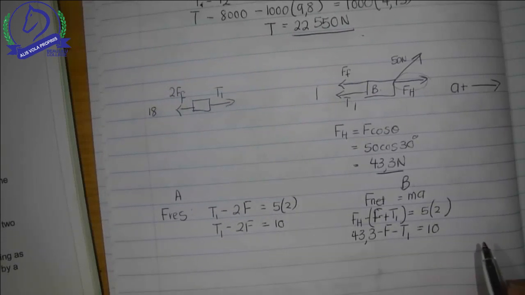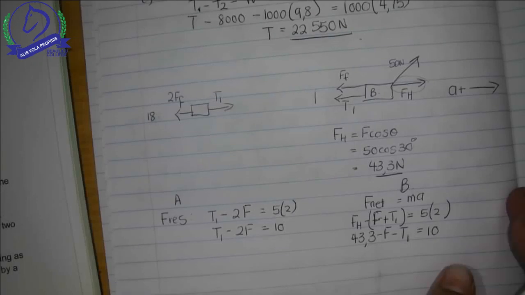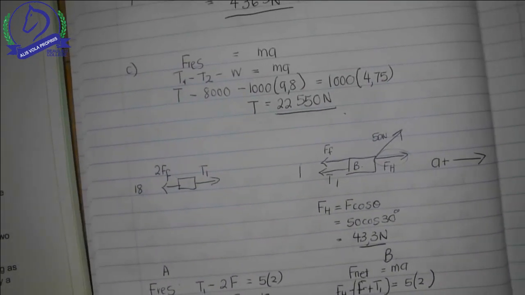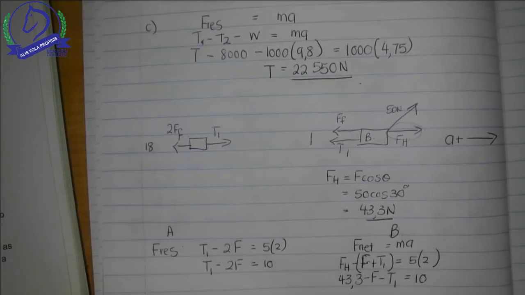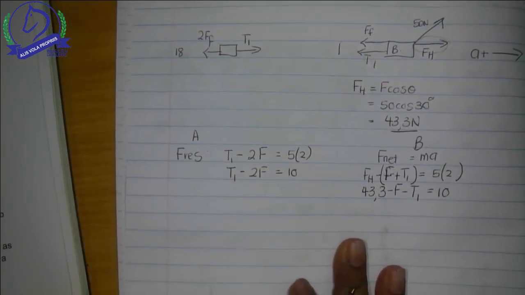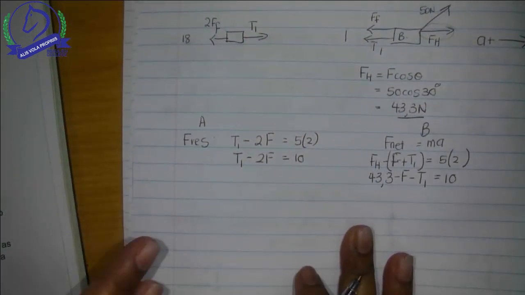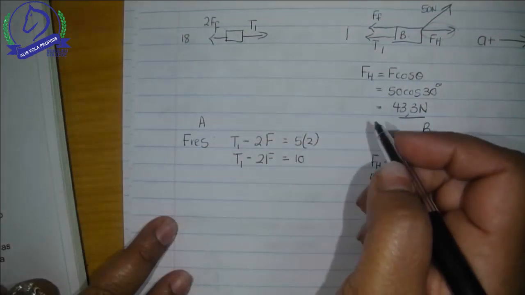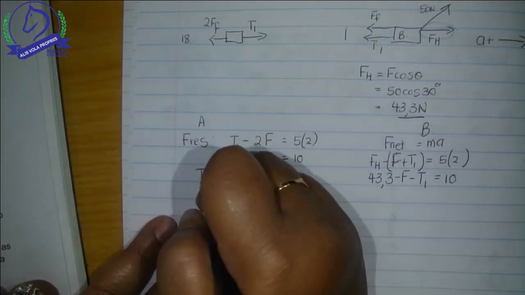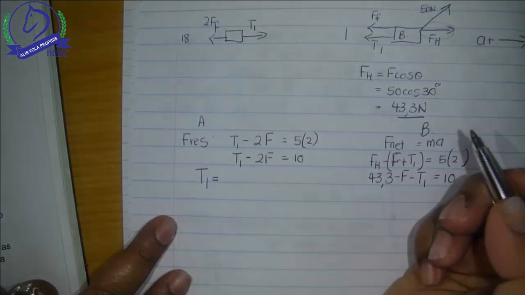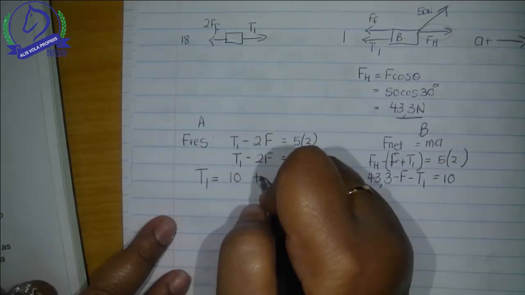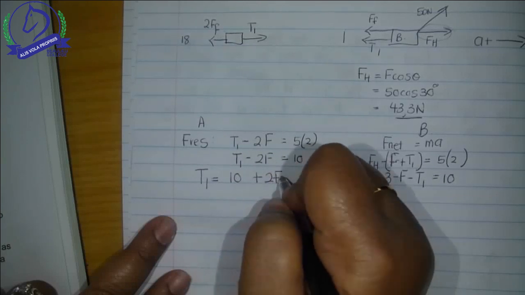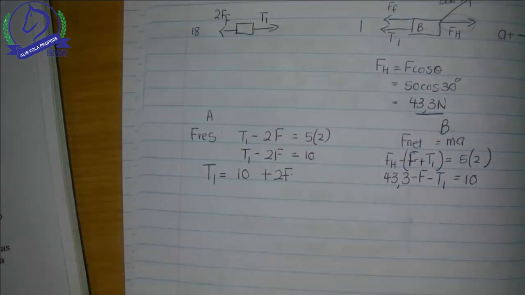Okay, now you can see that in this question I have two unknowns. So when you have two unknowns, I'm going to make T1 the subject of the formula here, and T1 is going to equal 10 plus 2F. Can you see that?